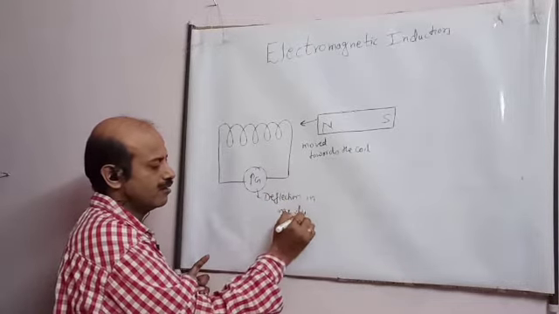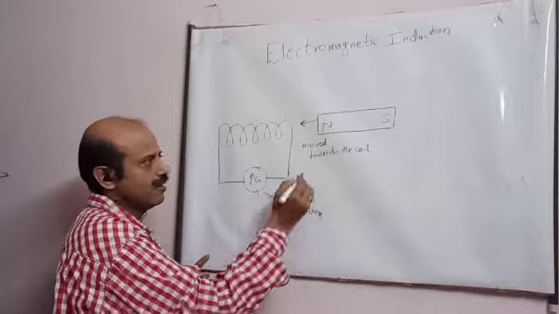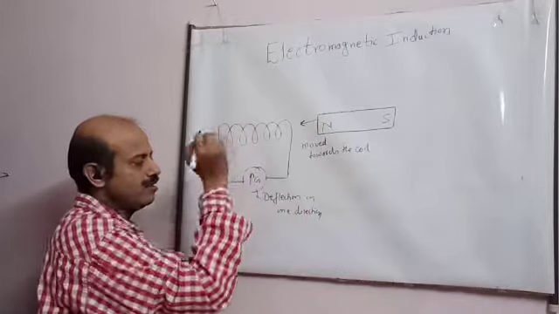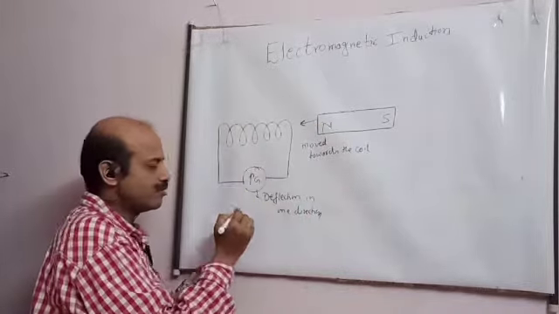In one direction, by bringing the north pole towards it. So the galvanometer shows deflection, which means, student, there is a current.